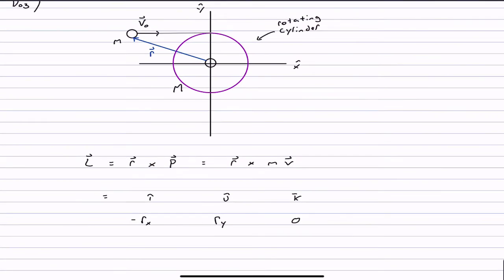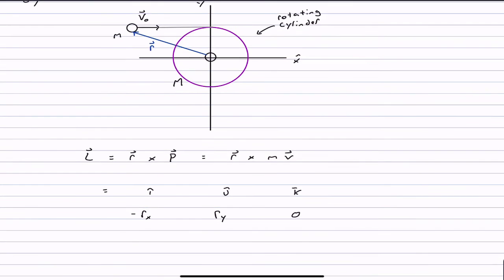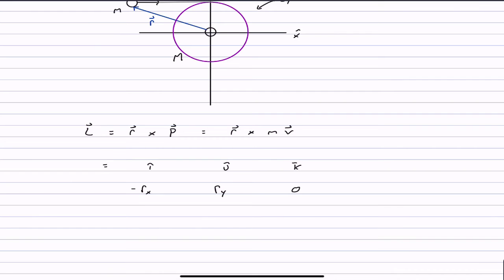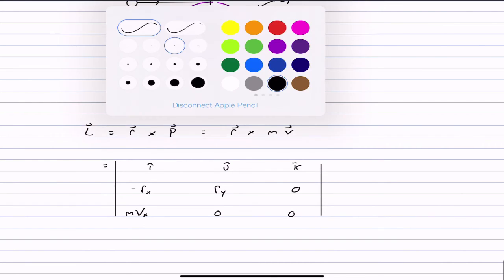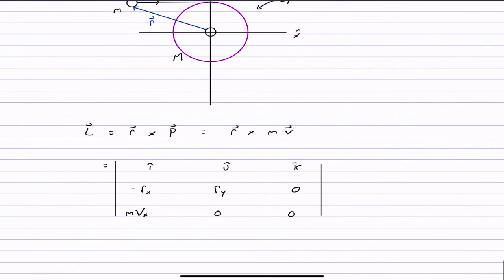Our regular momentum p is just mass times the velocity, and the velocity is simply in the x hat direction. So m times vx. This is 0, this is 0. So then we take the cross product. Recall this times this, these are both 0, and in the j direction, this is 0, this is 0. That gives you nothing. So now we're just left with the k hat direction. That makes sense, that's what I would expect.